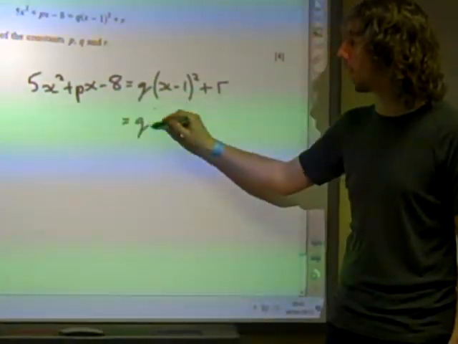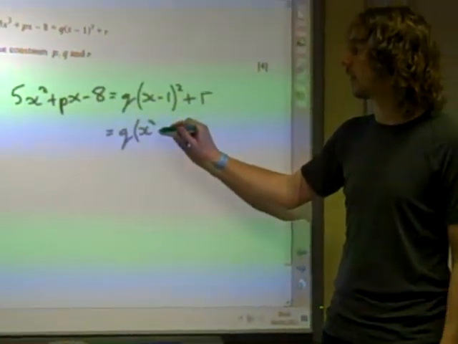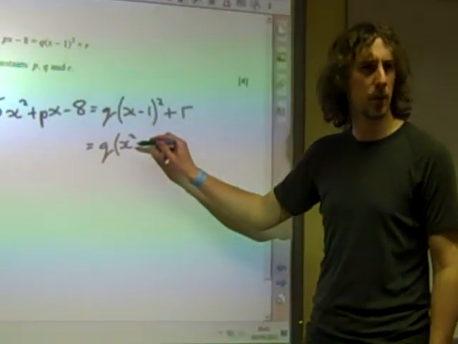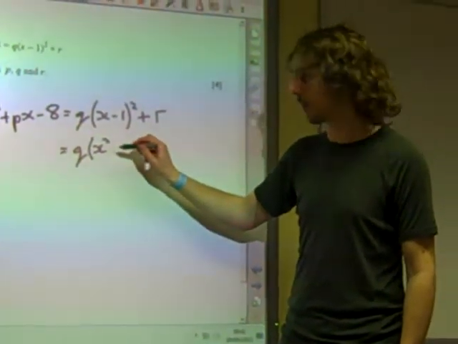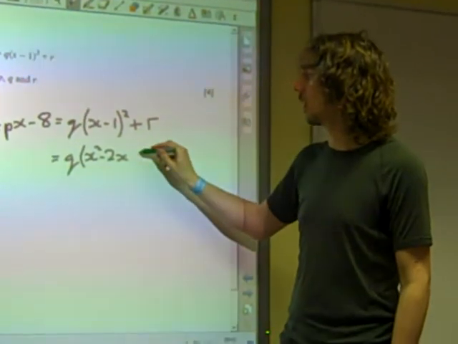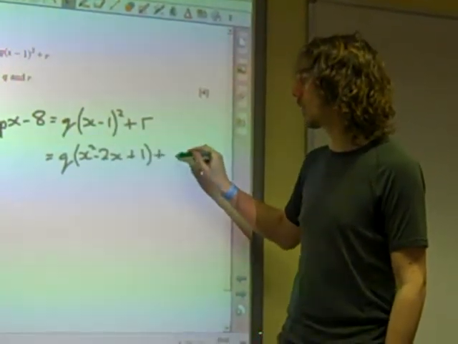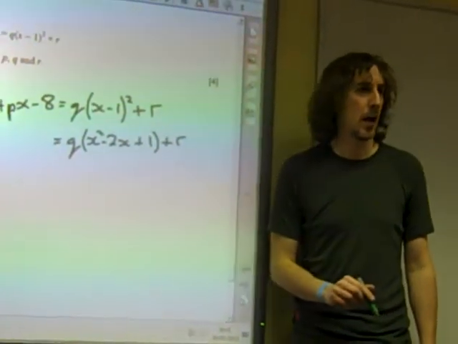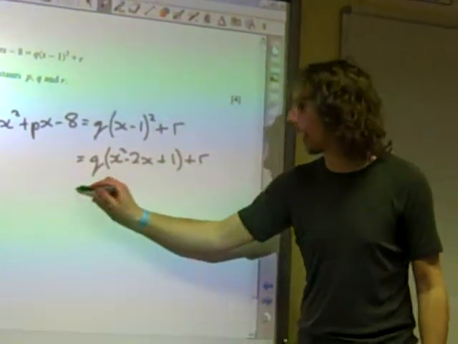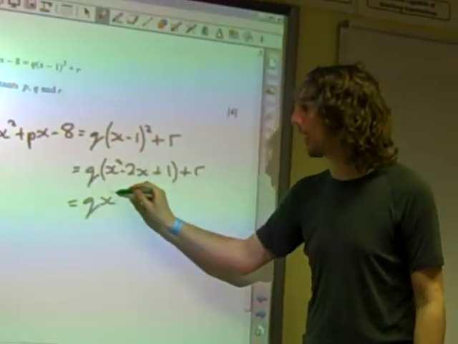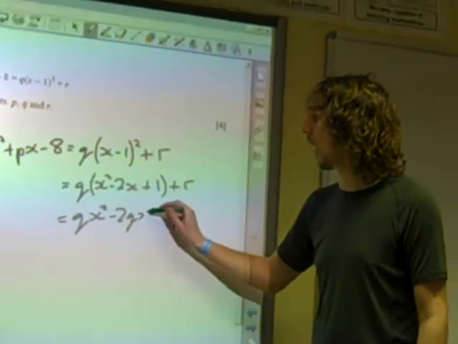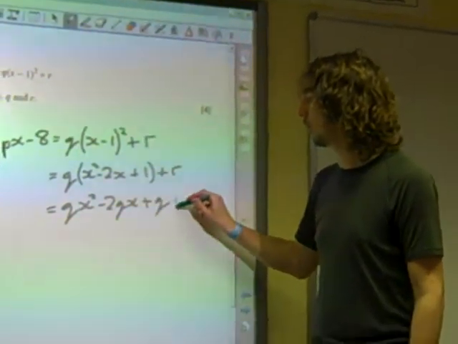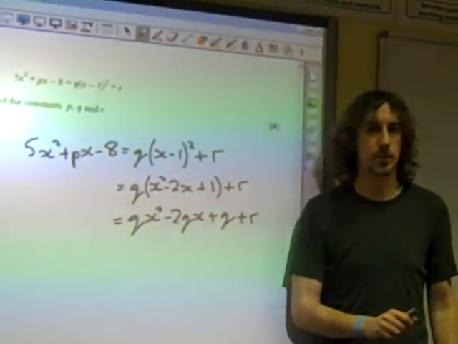So this is q lots of x squared. What would this give us if we multiplied it out? 2x minus 2x. Minus 2x. And a plus 1, plus the r, and then take it another level and multiply out the brackets again, qx squared minus 2qx plus q plus r.